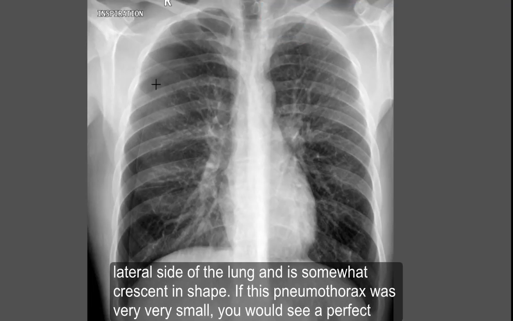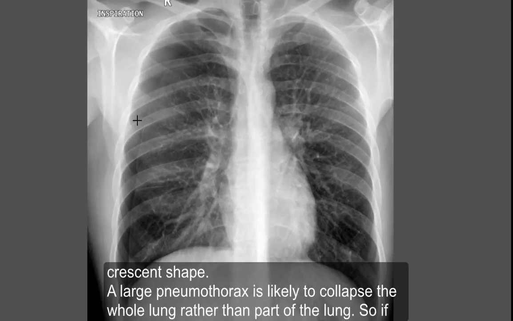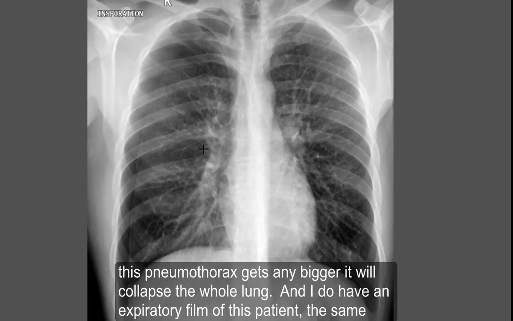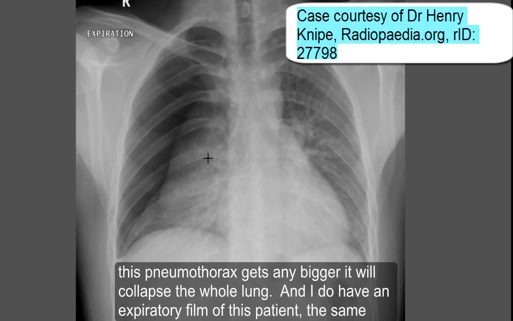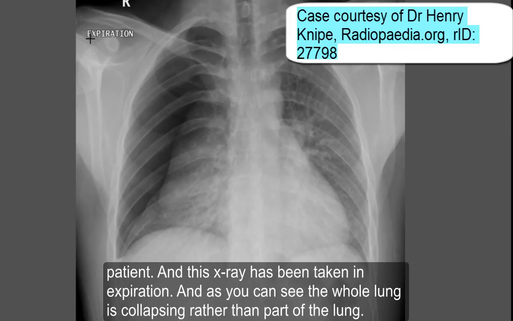If this pneumothorax was very small, you would see a perfect crescent shape. A large pneumothorax is likely to collapse the whole lung rather than part of the lung. So if this pneumothorax gets any bigger, it will collapse the whole lung. And I do have an expiratory film of the same patient, and this x-ray has been taken in expiration.